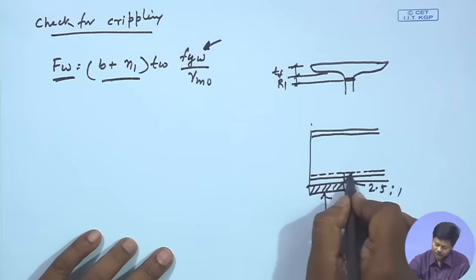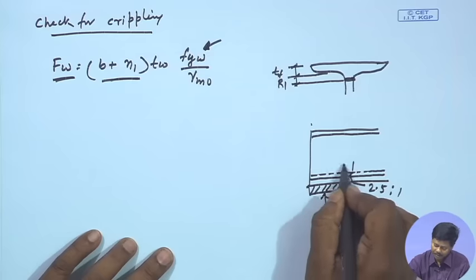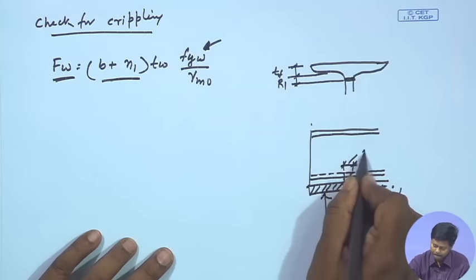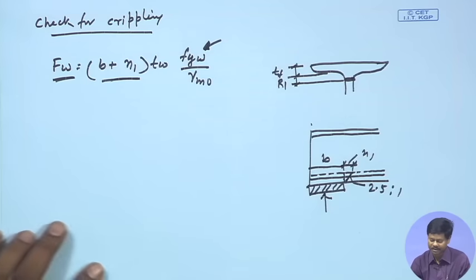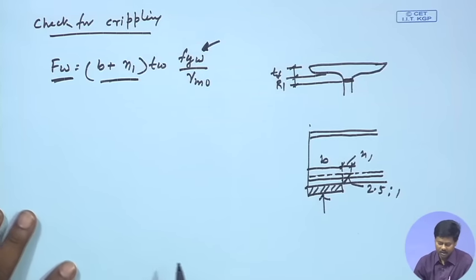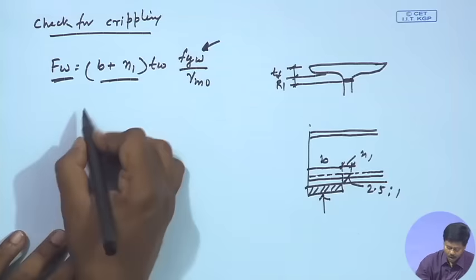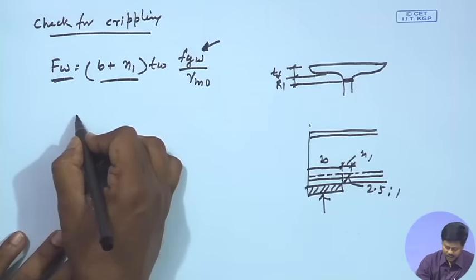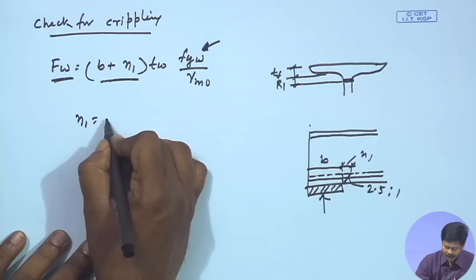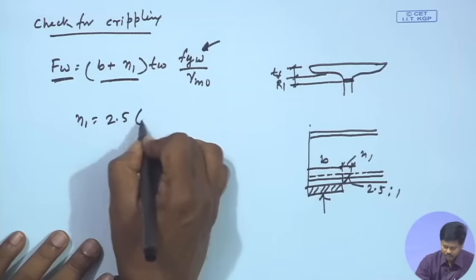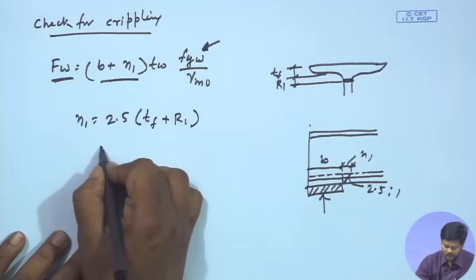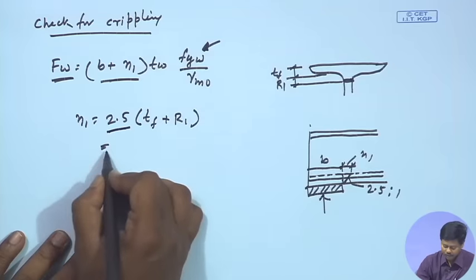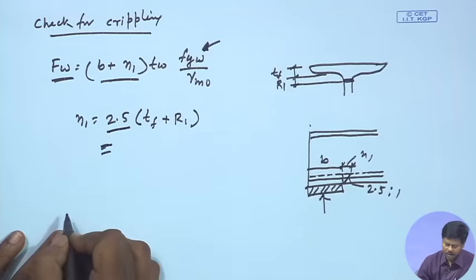So, we have to find out this as N1 and this as B. So, B plus N1 is the length of this. So, I can find out N1 as 2.5 into Tf plus R1, because with a slope of 2.5 it is dispersing.